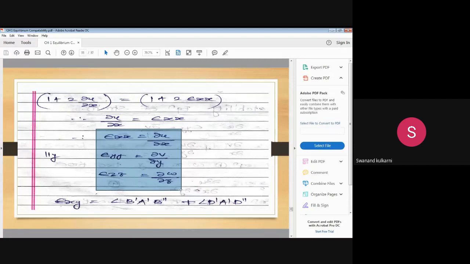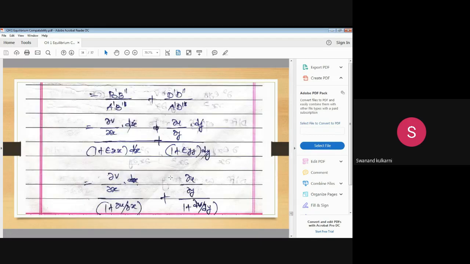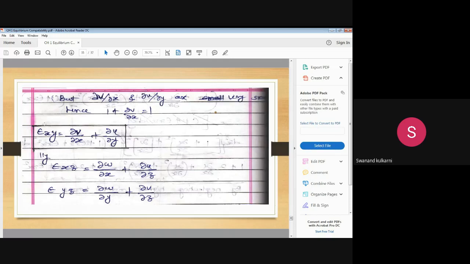During the last lecture, we have seen this part, that epsilon xx is dou u by dou x, epsilon yy is equal to dou v by dou y, epsilon zz is equal to dou w by dou z. And for shear strain, we will consider the strains along the x, y, and z axis. But the strain which is the part of shear strain, for that epsilon xy is equal to dou v by dou x plus dou u by dou y.